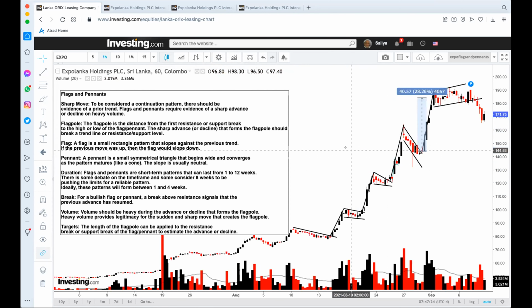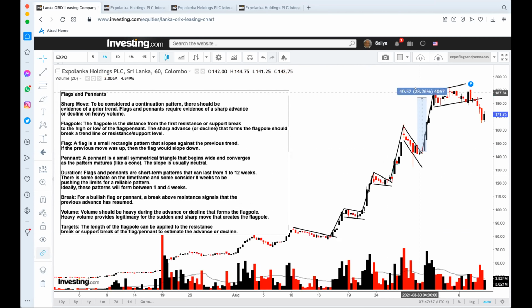So basically, in a matter of from August 13th or 16th up to 1st of September, you had a breakout buy here and a sell here, a breakout buy here and a sell here, a breakout buy here and a sell here. So basically three trades would have made that amount of money.